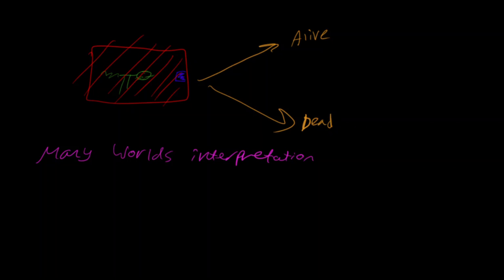You don't know which universe you're in until you measure it. And once you measure it, you pick one of these two paths. You're either in the universe where the cat's alive or the universe where the cat is dead. So measurement actually picks which universe you're in, which is a very weird, interesting, and pretty cool concept.